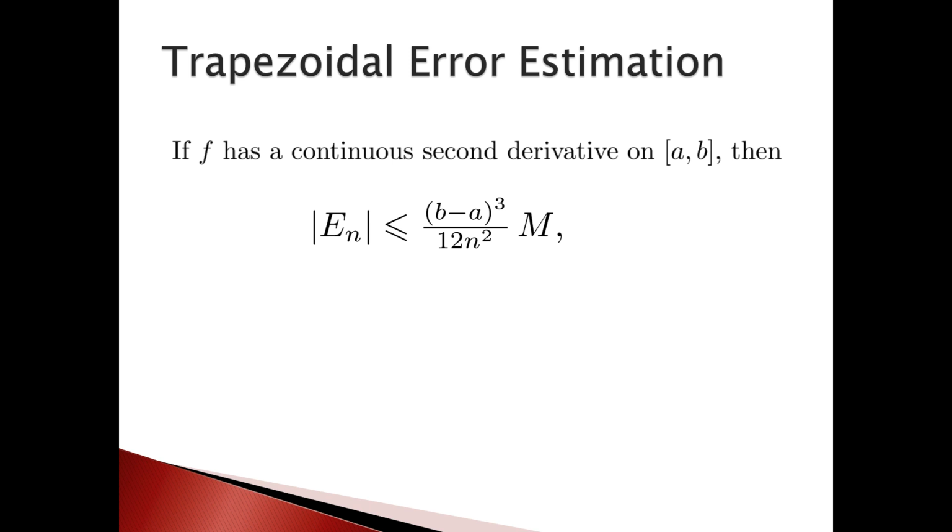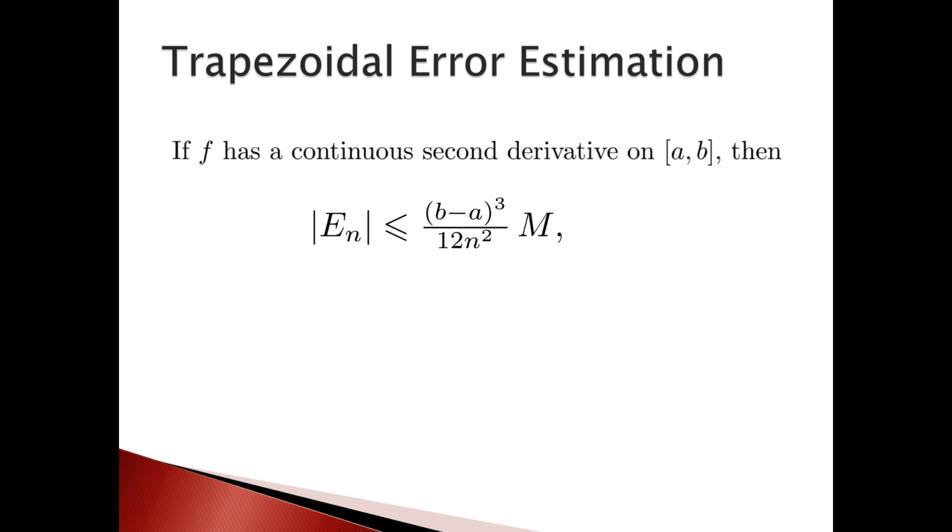If your function has a continuous second derivative, so you have to be integrating something that's not just continuous, but has a derivative and a second derivative, and that second derivative is continuous. So that's asking for a lot, although most of the functions we've been dealing with, that'll happen.